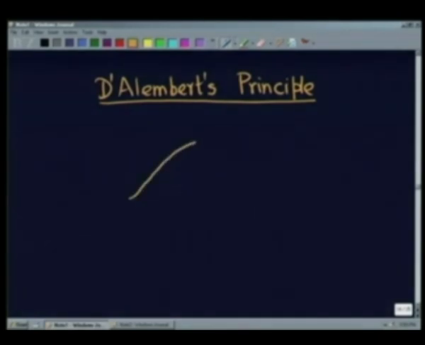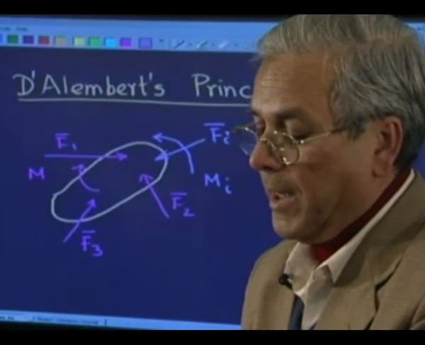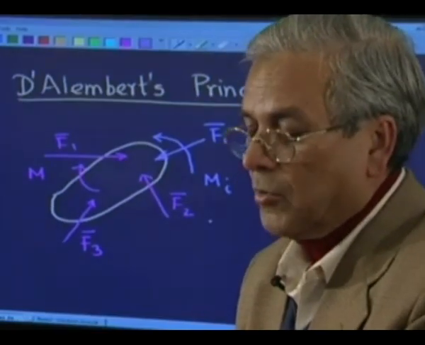If we have a rigid body, D'Alembert's principle says that under the action of externally applied forces and moments, and if you also subject this to some hypothetical forces, which I will explain very soon, which you call the inertia force Fi and the inertia moment Mi, then this body will remain in static equilibrium.